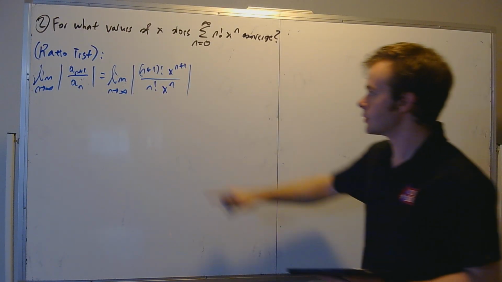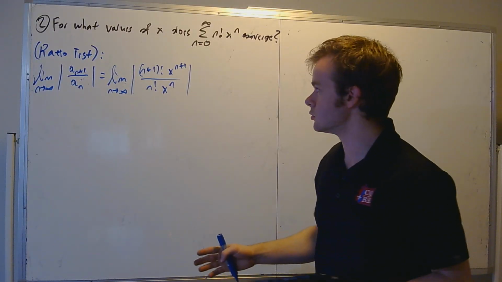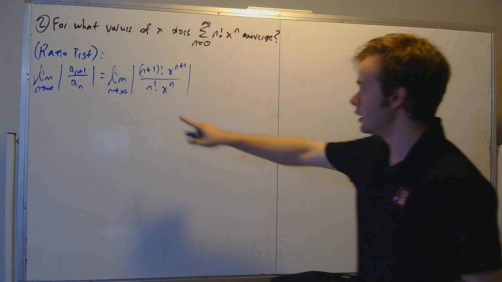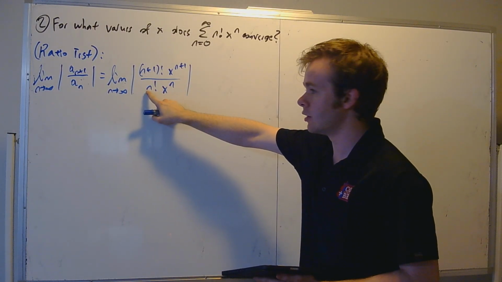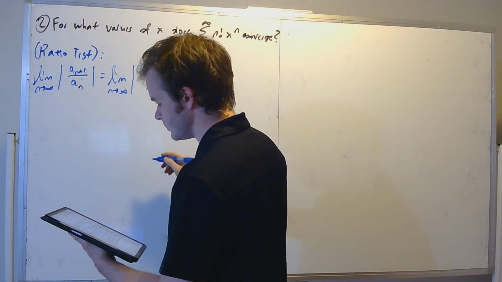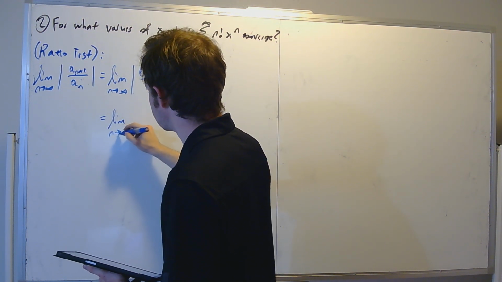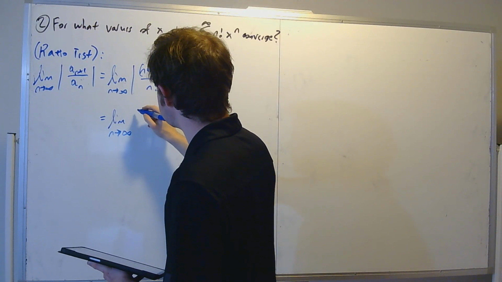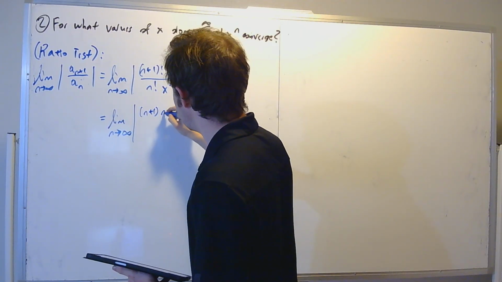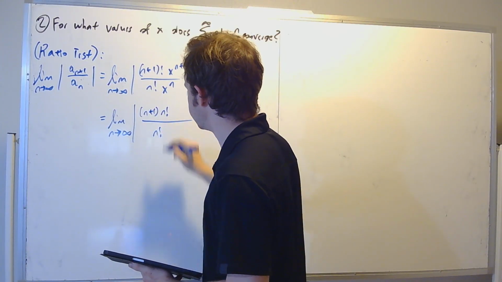So remember, n plus 1 factorial is multiplying all the integers less than or equal to n plus 1. And this is multiplying all the integers less than or equal to n. So if we write this out, this is going to be n plus 1 times n factorial. And on the bottom we had our n factorial.